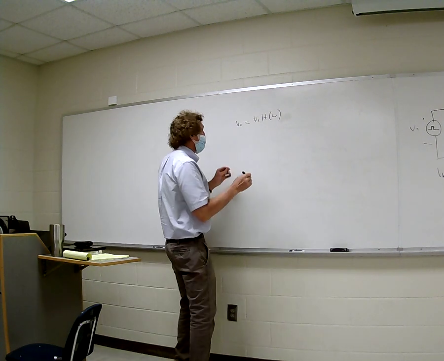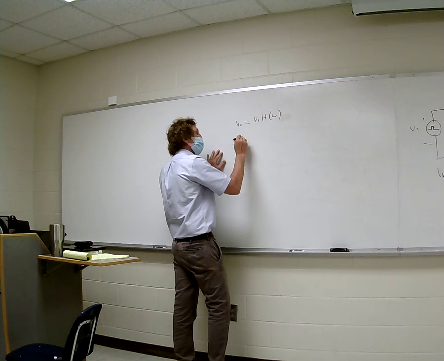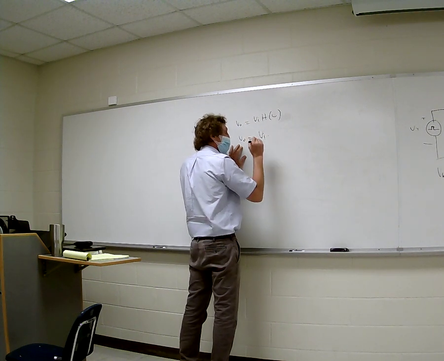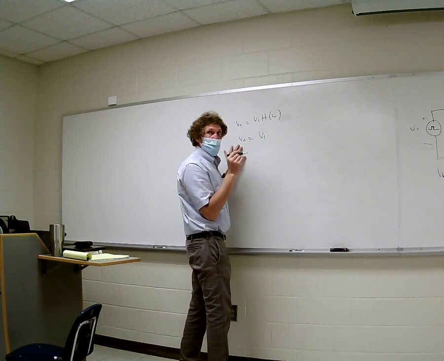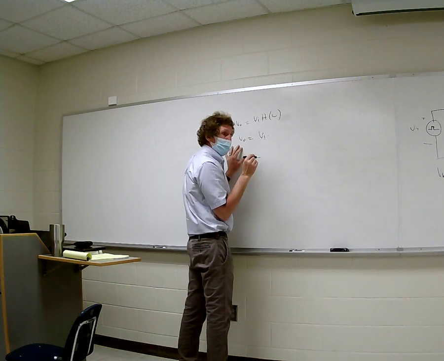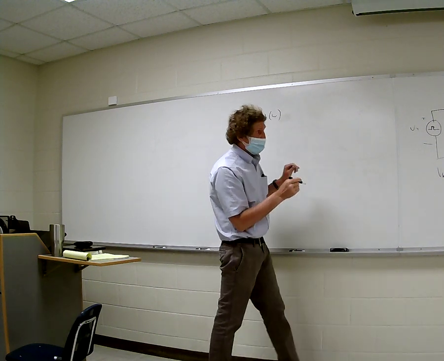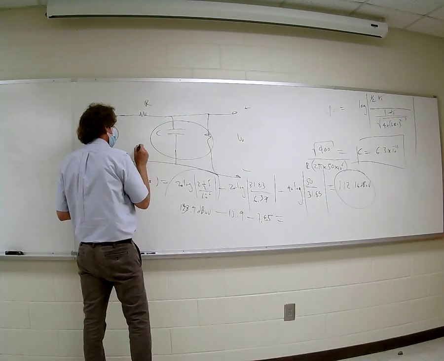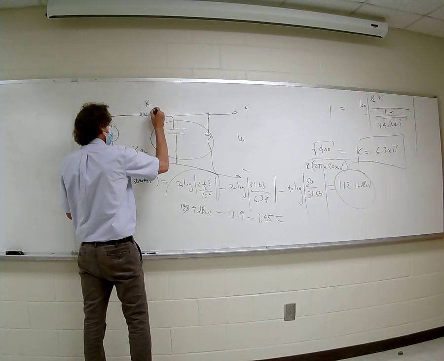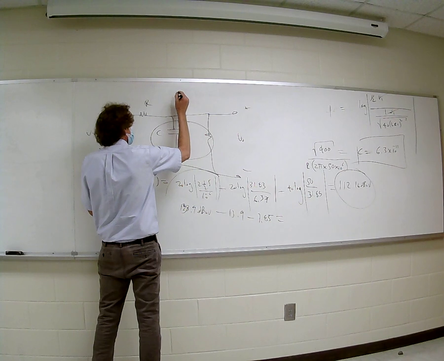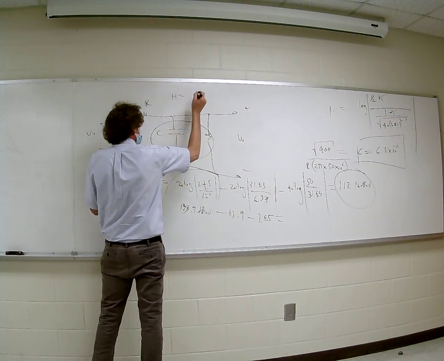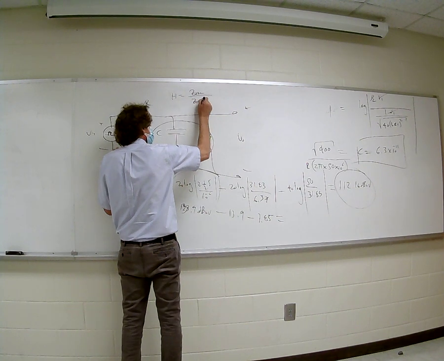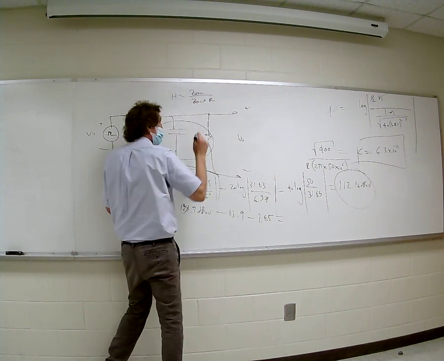In our case, we went through it and I said that this was ZRC, and I found that the transfer function H was ZRC over ZRC plus R, right?